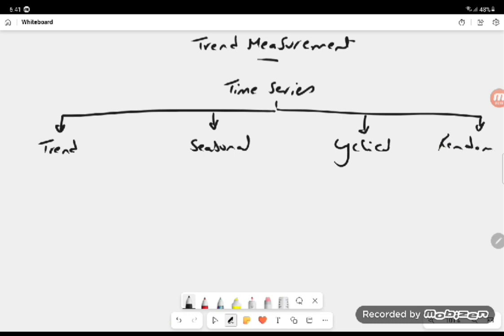So our lecture today will focus on trend and how to measure trend. There are four different ways to measure trend.